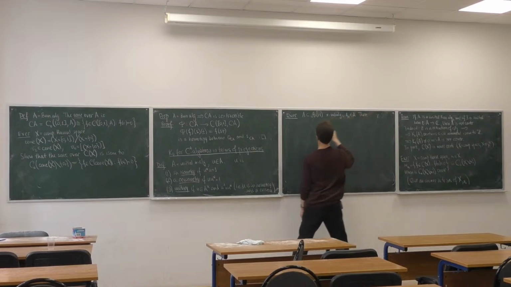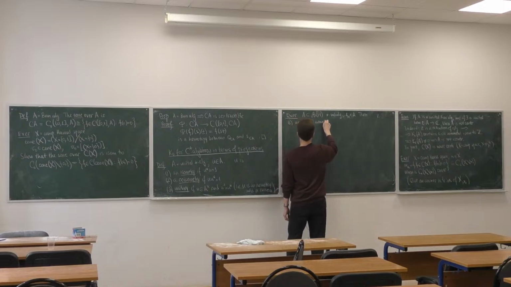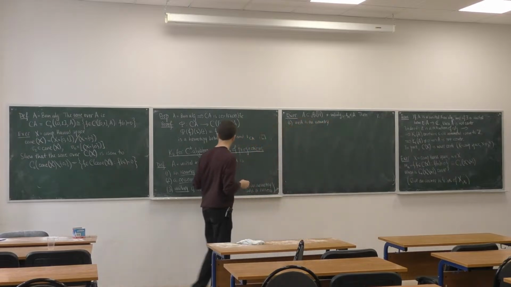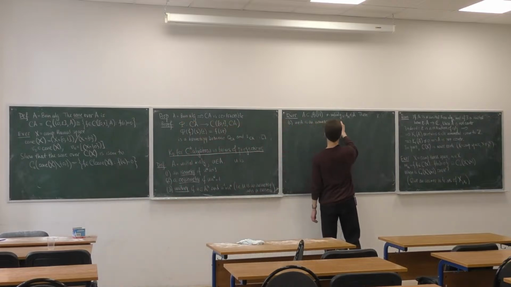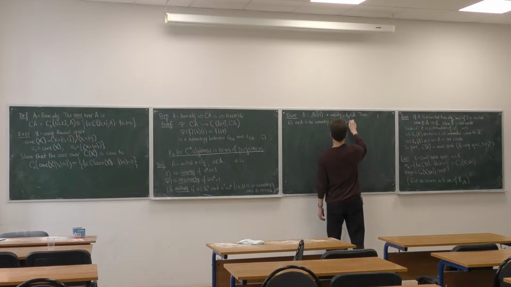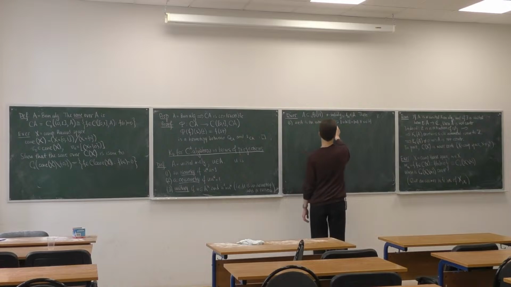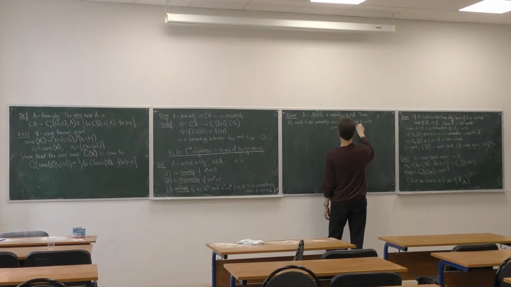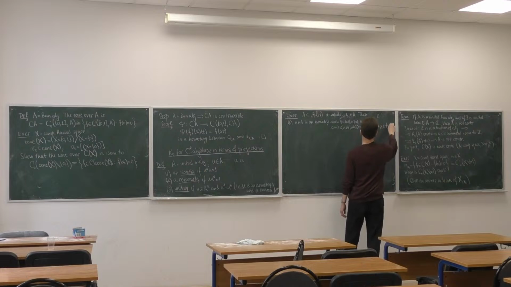Then an element U of this algebra is an isometry in the sense of our definition if and only if it is an isometry in the geometric sense. That is, if and only if it preserves the norm: the norm of U(x) equals the norm of x for every x in H. Or equivalently, if and only if it preserves the inner product: the inner product of U(x) and U(y) equals the inner product of x and y for all x and y.